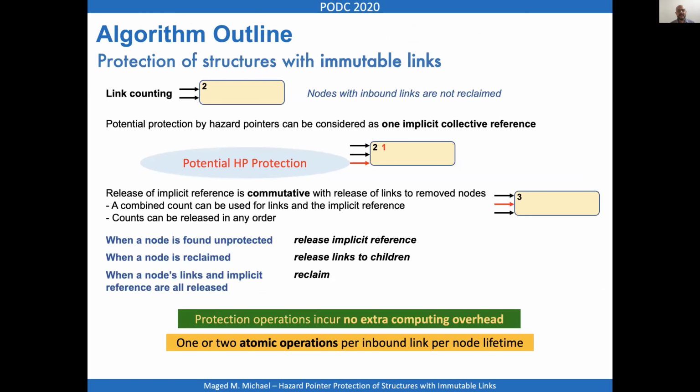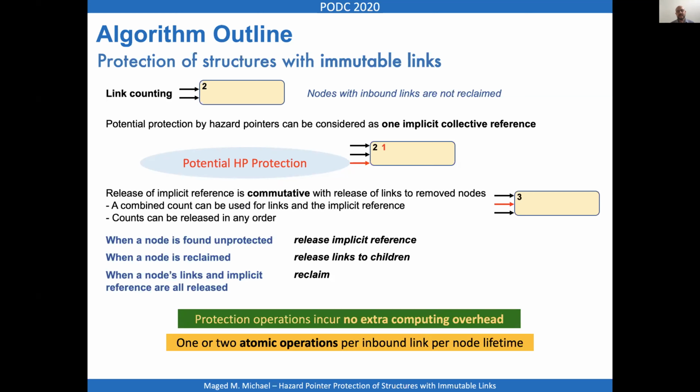If we use link counting, then of course we're going to protect the descendants of nodes. Then if we consider protection by hazard pointers, whether they exist or not, as one implicit collective reference, that's another thing. Then we can combine this one reference count with the number of links.